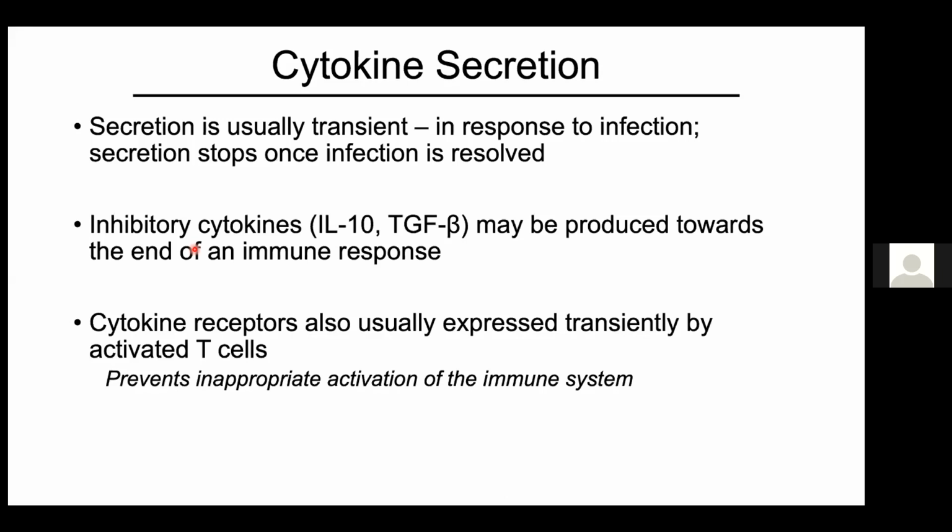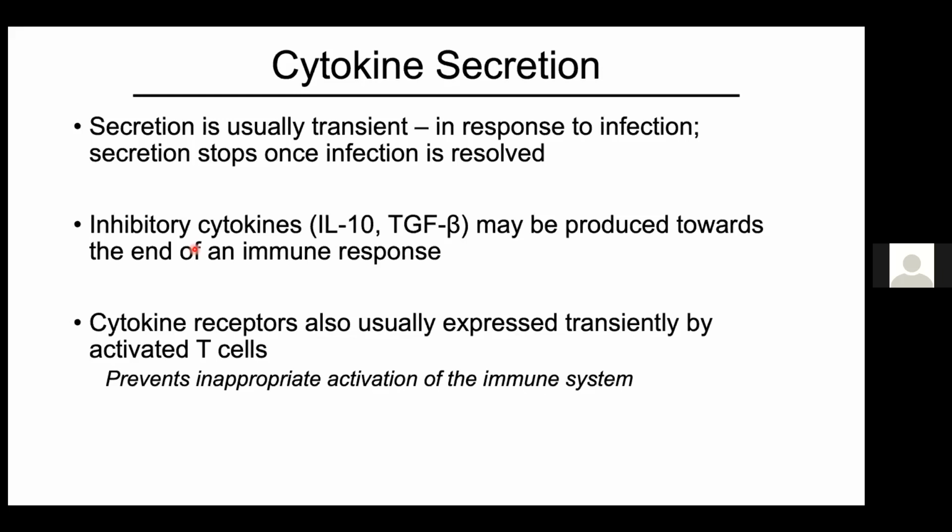You have a way of controlling that system. So we also have cytokines that get produced towards the end of an immune response. Okay? So this just ensures that we stop secretion of these cytokines once the inducing stimulus is no longer there. So the major inhibitory cytokines are interleukin-10 and transforming growth factor beta.